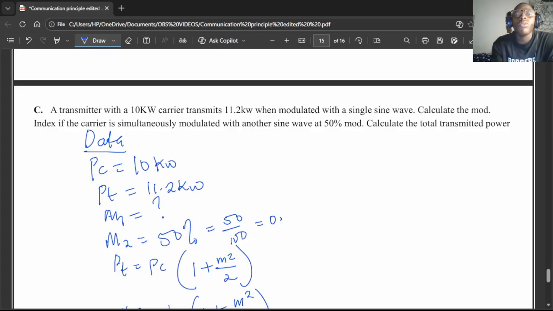Calculate the modulation index if the carrier is simultaneously modulated with a sine wave at 50% modulation. So in essence, they are telling us that what we have here is M square of 2. We have to look for M square of 1.